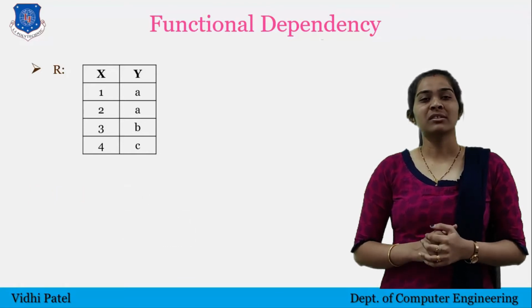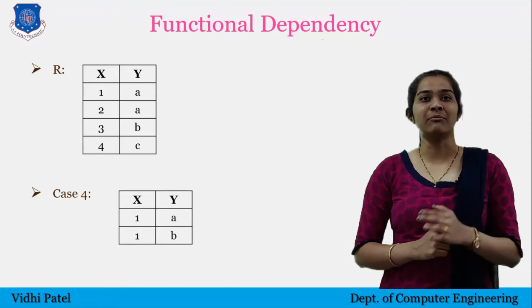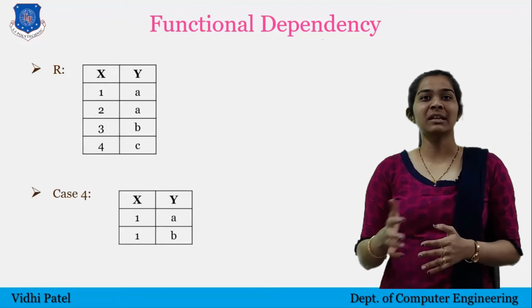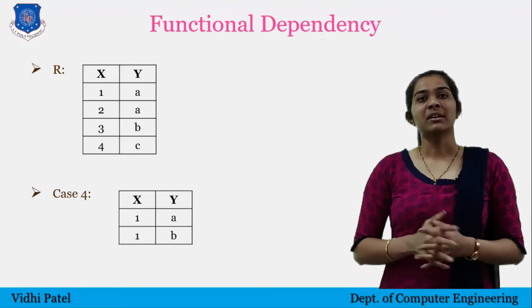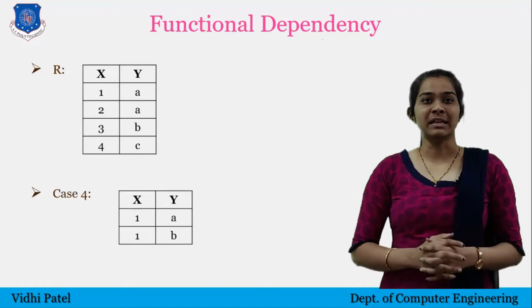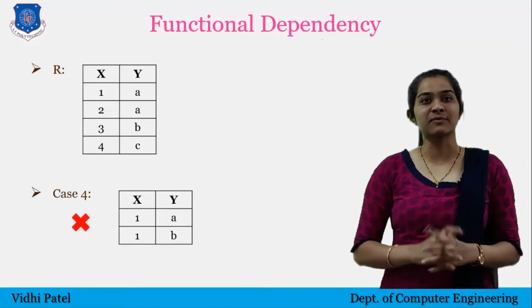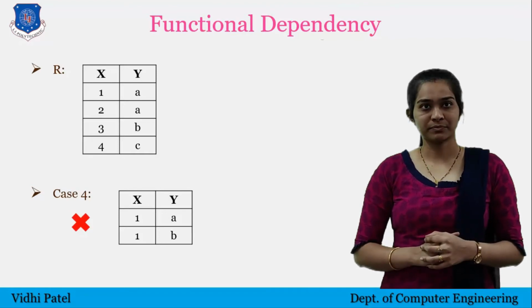Now let's check case 4. In case 4, y has values a and b. Now check whether it is the same or not. But here we have the same value for the x attribute, which is not possible. So it is an invalid case. We cannot say y is functionally dependent on x for this case.